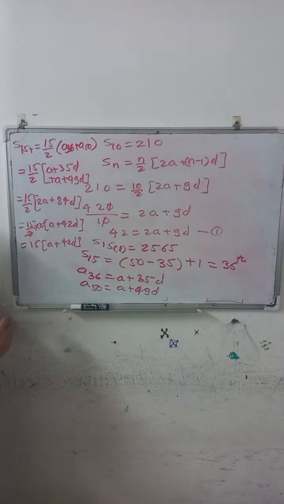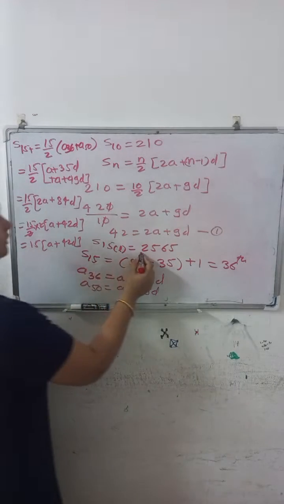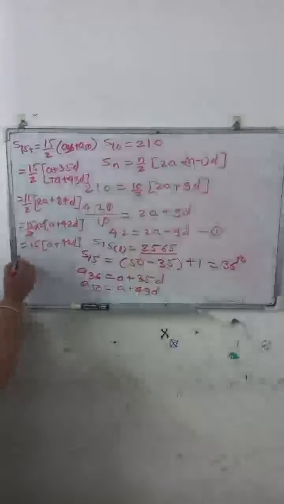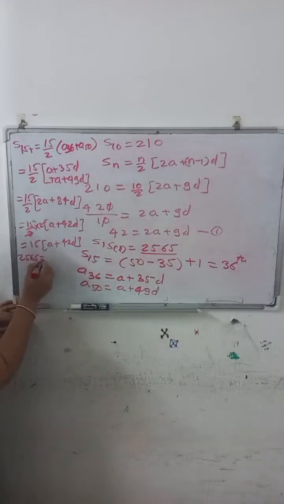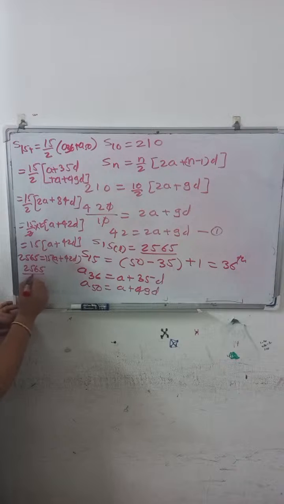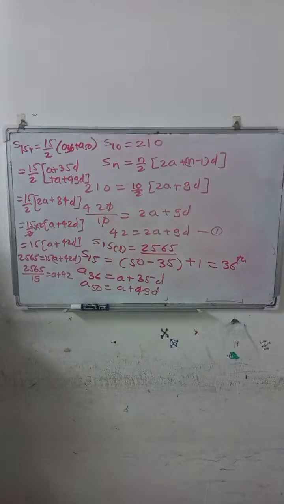And already the sum of the last 15 terms is given, that is nothing but 2565. You can compare with that. 2565 is equal to 15A plus 42D. Put the bracket, and 15 you can transpose. 2565 divided by 15 is equal to A plus 42D.